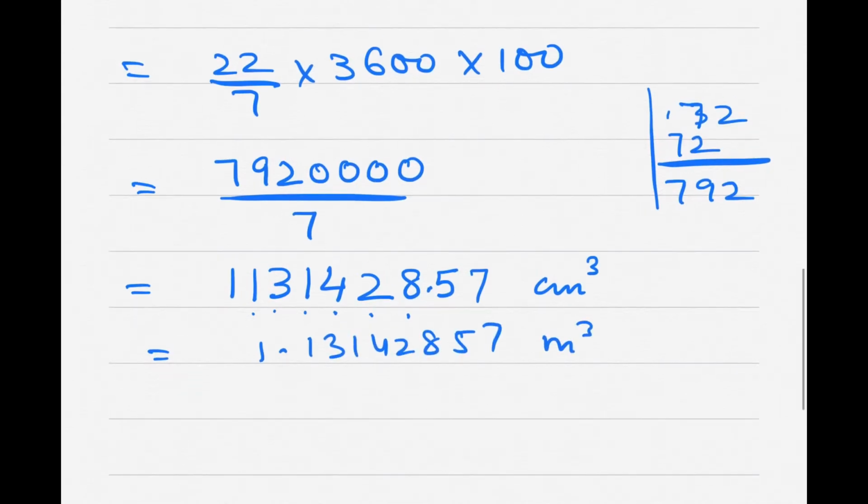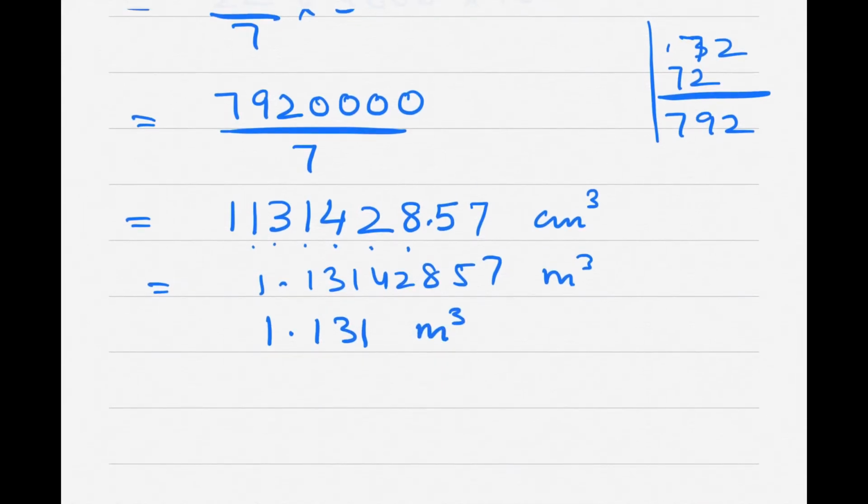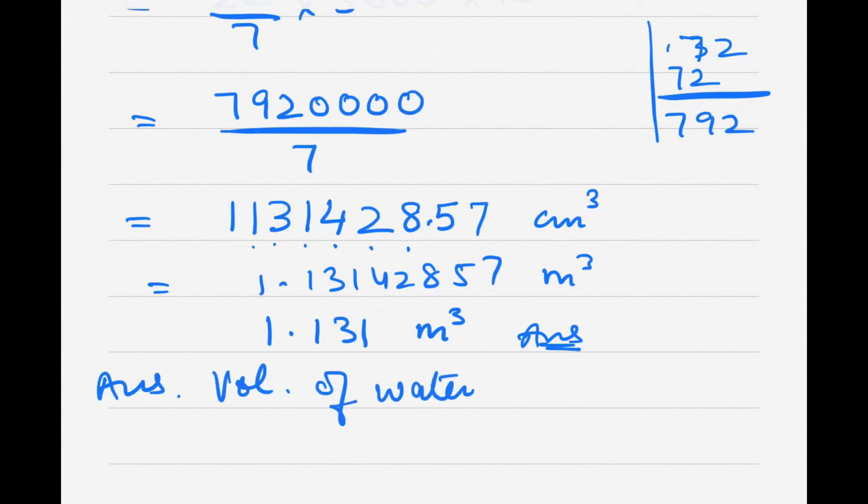I have calculated, so that's fine, and approximately I can write down as 1.131 meter cube. So that will be my answer. So they would say, because it's written in the form, so volume of water left in the cylinder.